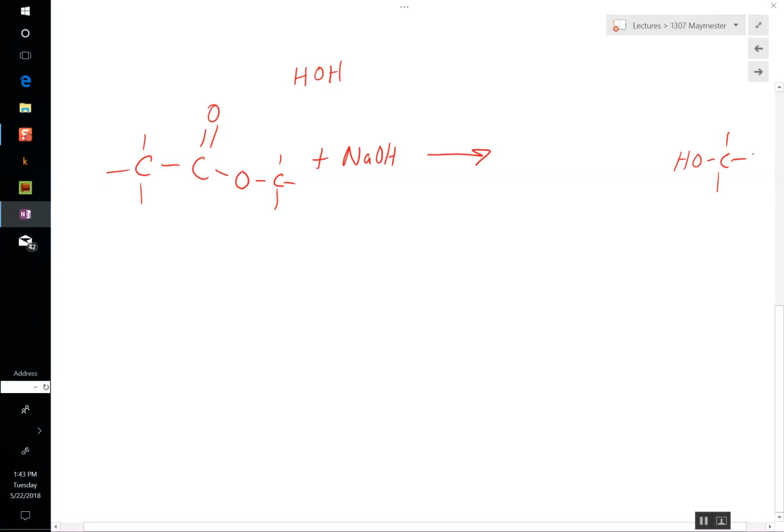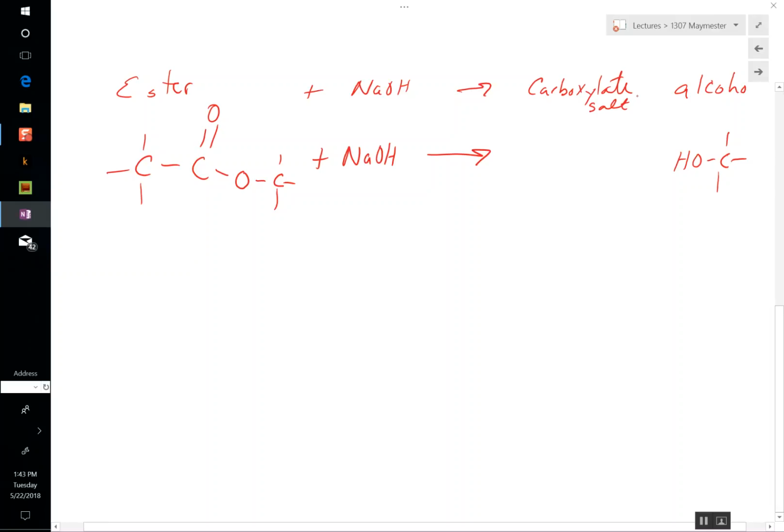So this portion of the ester is going to go with the OH to form an alcohol. So here's our ester plus sodium hydroxide. We're going to get an alcohol. And we're going to get this carboxylate salt.